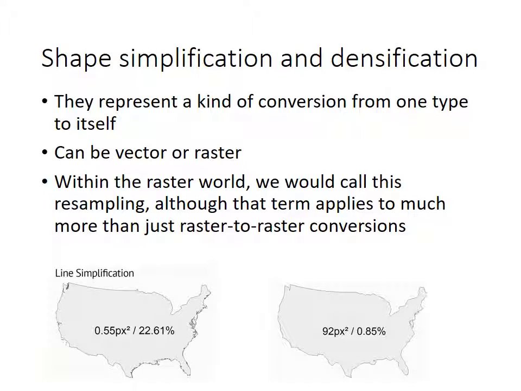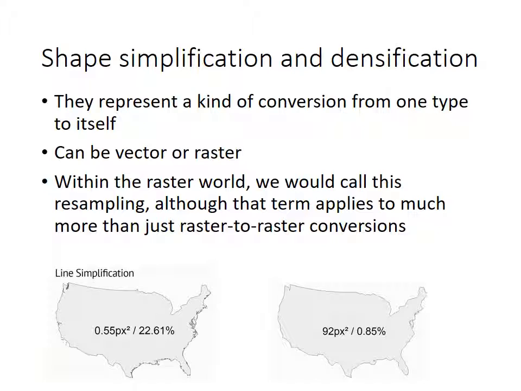I think I posted the URL for this previously, but you can play around with it online. This comes from Mike Bostock, and we've got line simplification applied to the bounding geometry of the United States. In the image at left, we're using 22% of the original points. Things look very good. The coastline, especially in the east and southeast, looks relatively intricate.